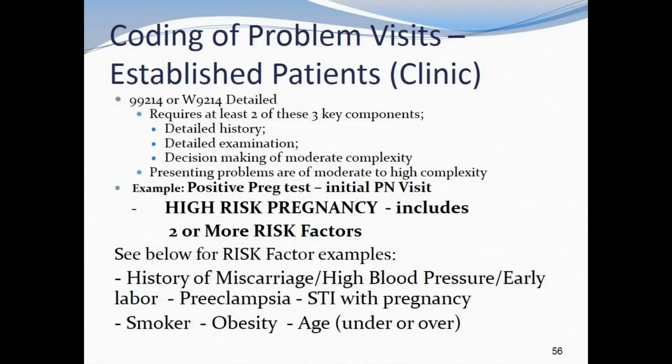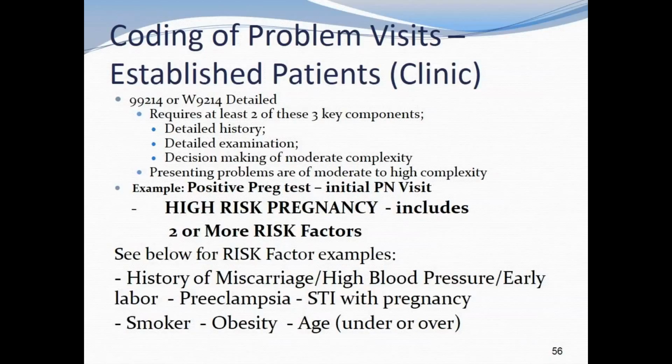And then I also have another detailed here, which is the 99214. This is where you have a positive pregnancy test on initial PN visit, and you're talking to this patient and you're going over their risk factors. If they have 2 or more risk factors, then that actually can be considered a detailed visit.